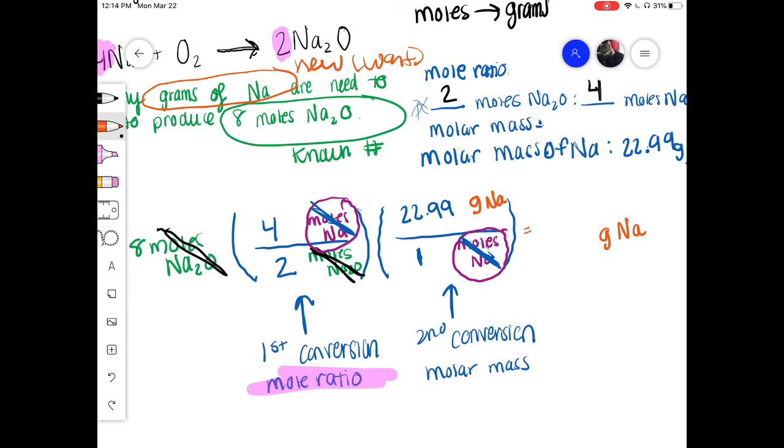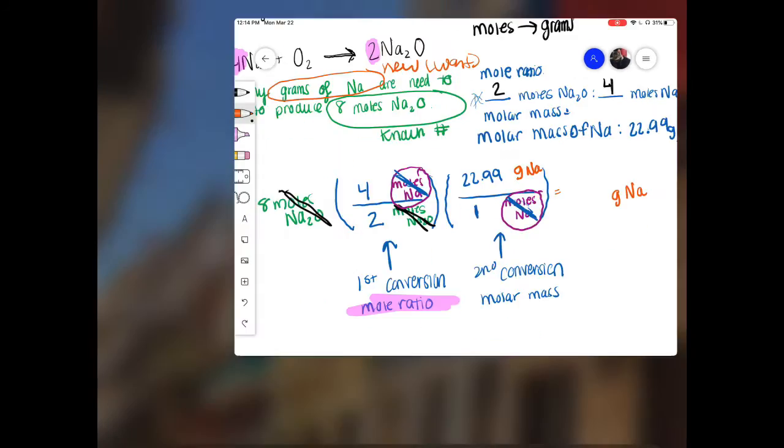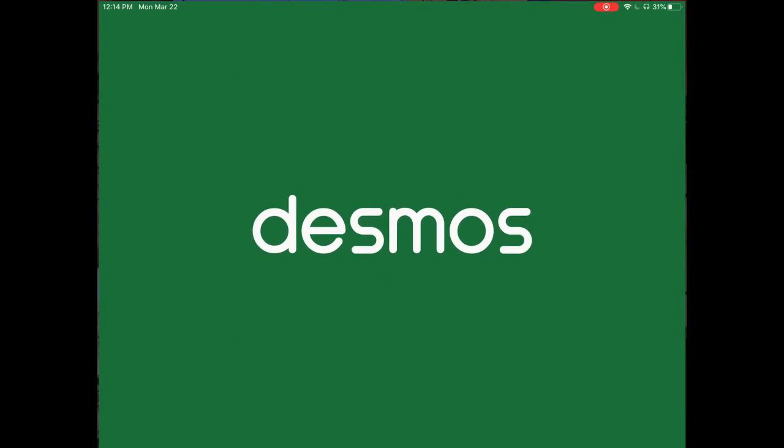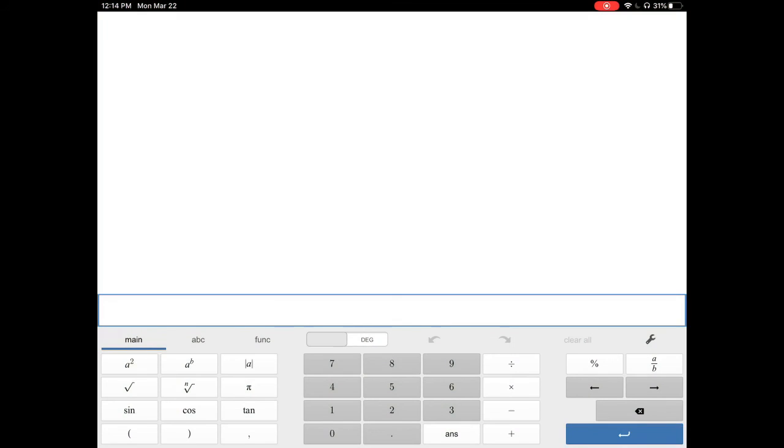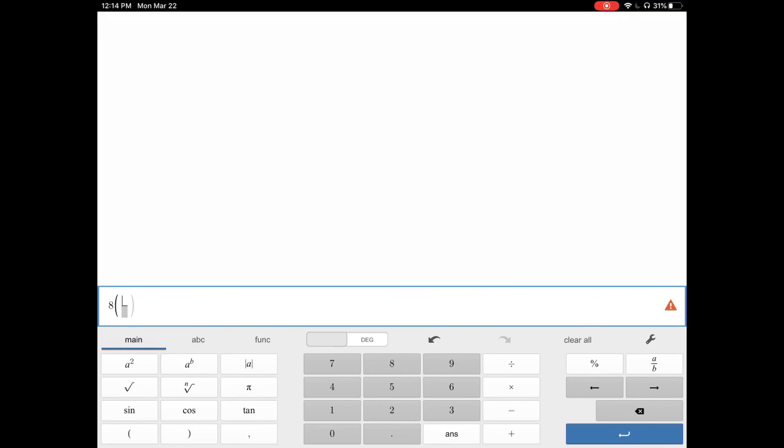So we can put this in our calculator exactly like we see it. We can do 8 in front, parenthesis, 4 over 2, parenthesis, and then up top we had 22.99 over 1 mole.